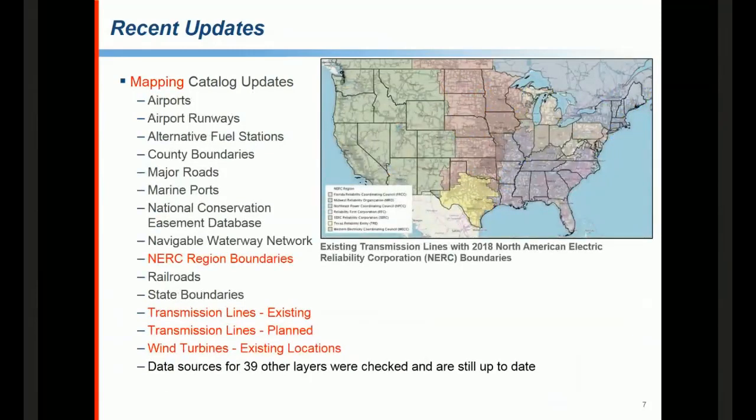There's also the mapping catalog. It currently has over 300 layers in it, and it's not a very complicated aspect of the tool, but it's a very useful resource because the data sets have been vetted and identified by subject matter experts over time.